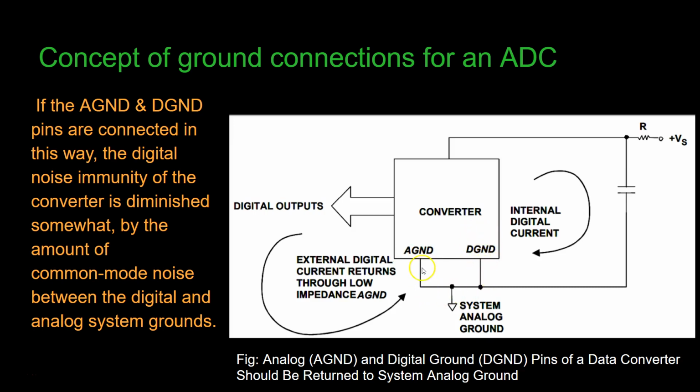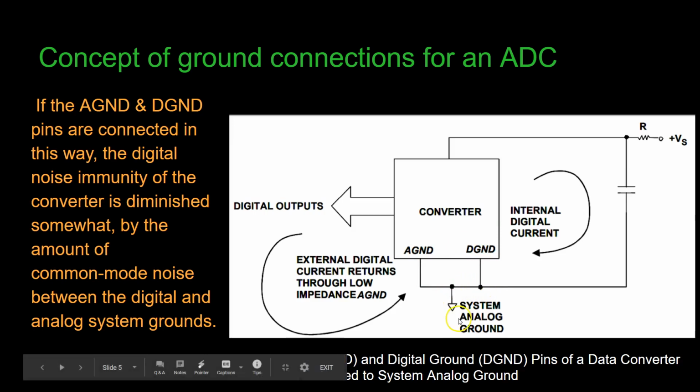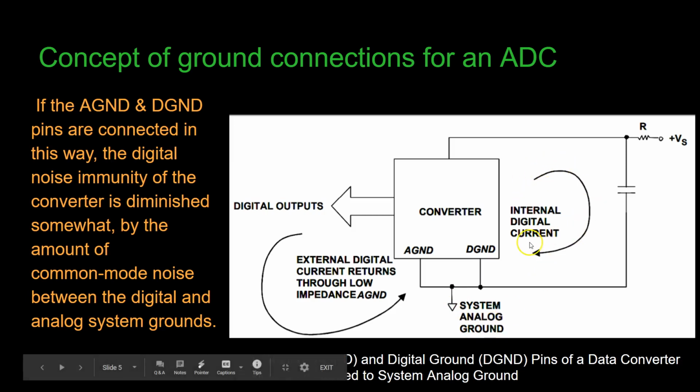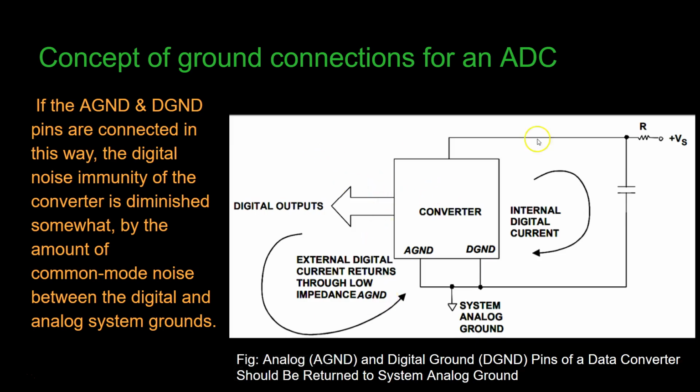And both grounds are tied together to a system analog ground. And here we see internal digital current flowing and external digital current flowing through a low impedance analog ground. So this kind of arrangement you might have in your PCB design.